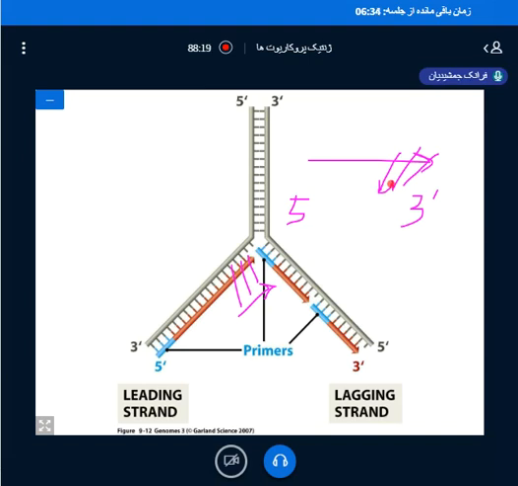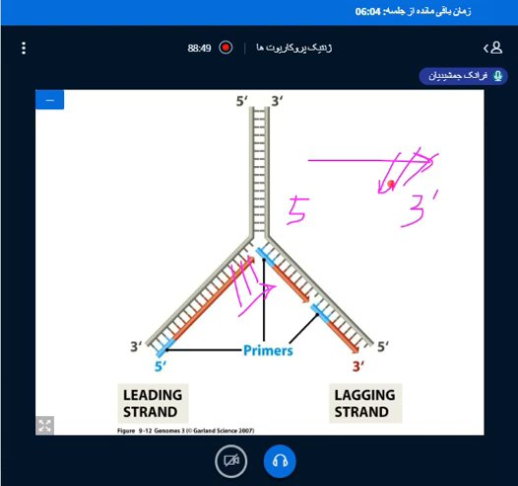What do you call proofreading in Arabic? Yes, the correction. So DNA polymerase 3 can correct itself.